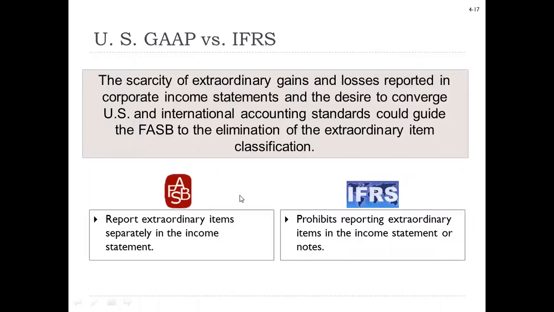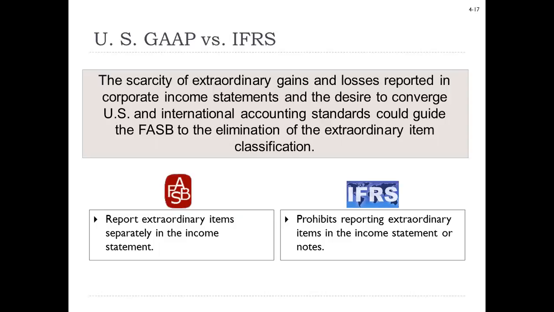So again, a difference between US GAAP and IFRS is under US GAAP, we do report extraordinary items separately as a separate line item in the income statement. However, under IFRS, there is no such thing as extraordinary items.